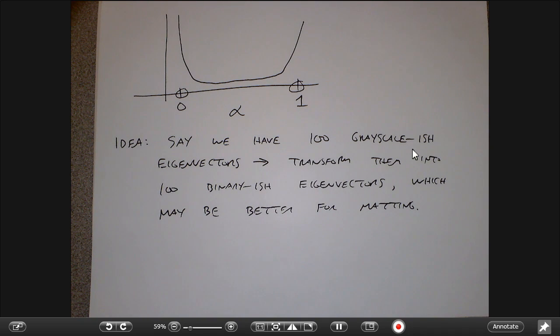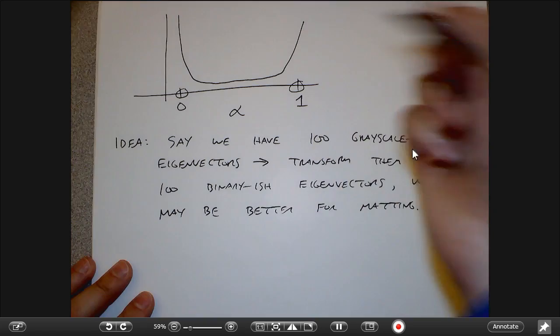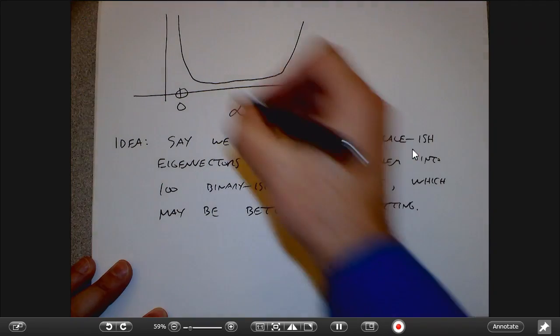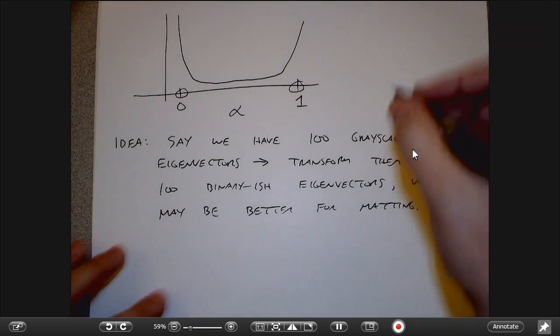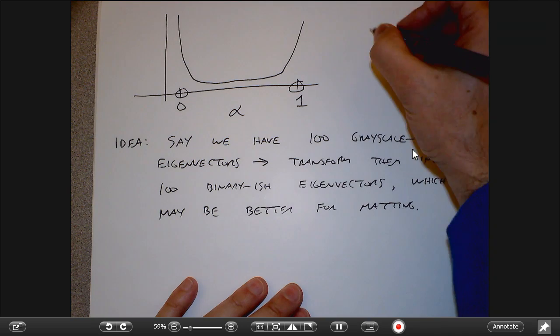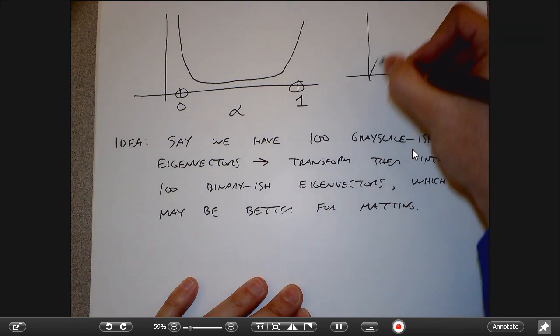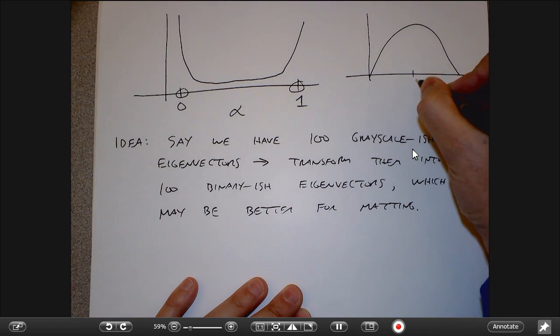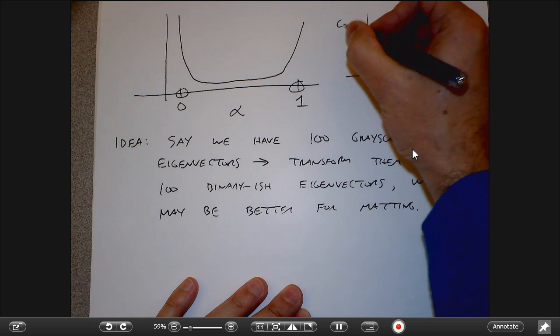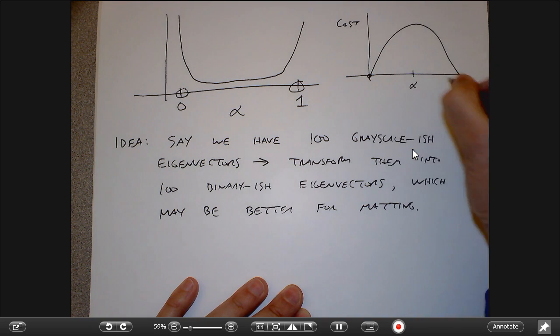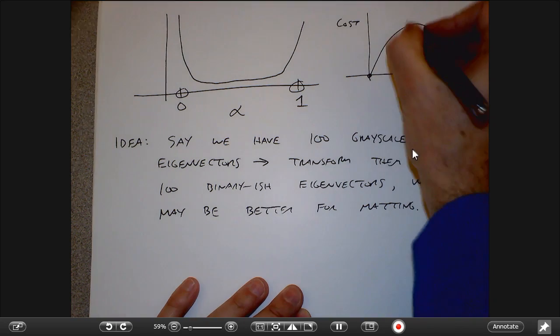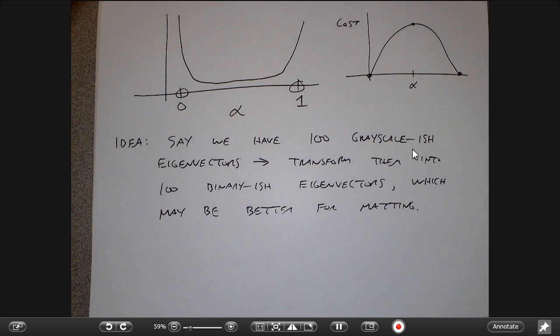Basically, you make a cost function that is the opposite of this picture. I want an alpha cost function that looks like this, where the cost is low if alpha is close to 0 or 1, and high if alpha is somewhere in the middle.